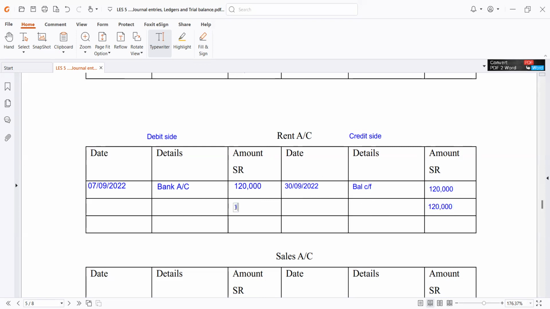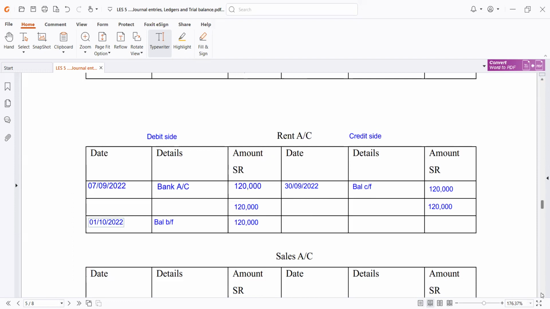Then you have 120,000. So now that the balance carried forward is on the credit side, you bring it forward here, 120,000, and you write balance brought forward, and you are bringing it forward in the month of October, 1st October 2022. And you have the rent account on the debit side, you have 120,000.